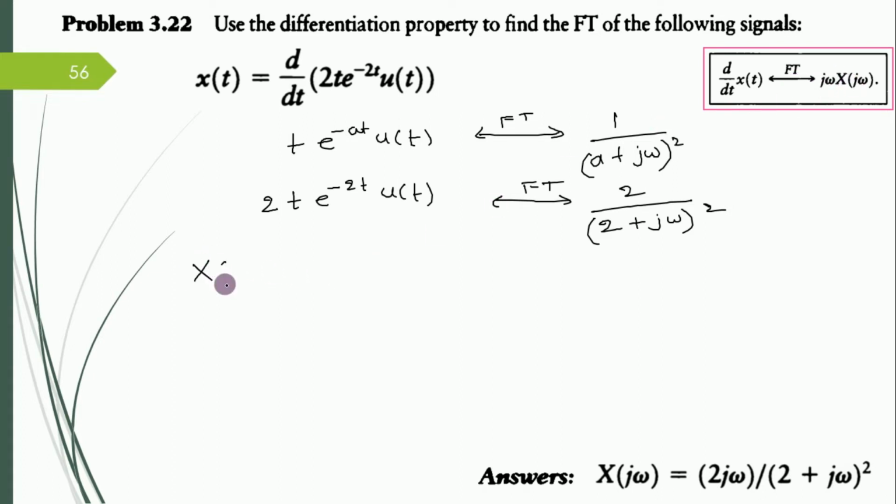So X of j omega is equal to j omega times the FT pair of 2t e raised to minus 2t u of t, which is 2 divided by 2 plus j omega whole square. So here's the answer: 2 j omega divided by 2 plus j omega whole square. Very simple problem. This is how you need to solve using the properties, the differentiation property.